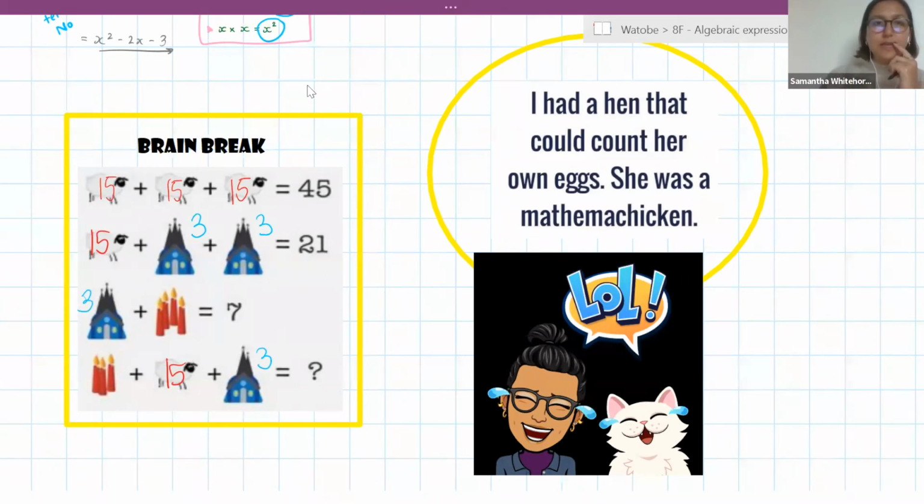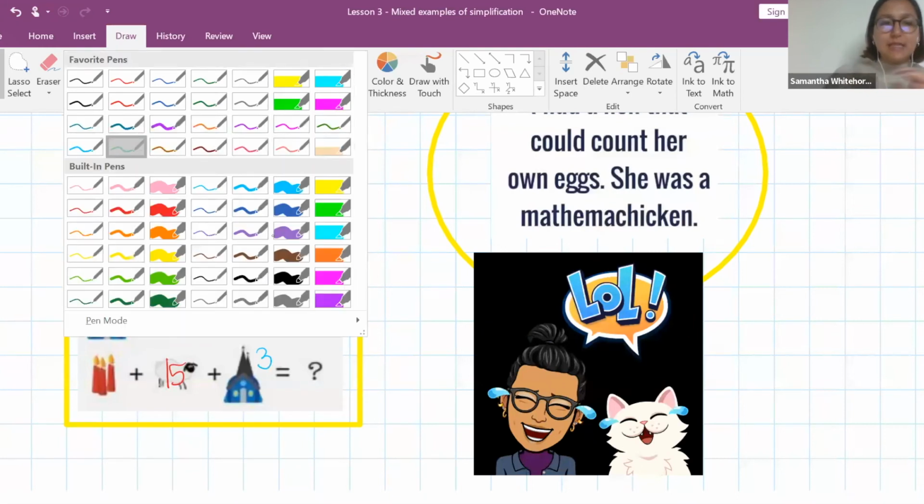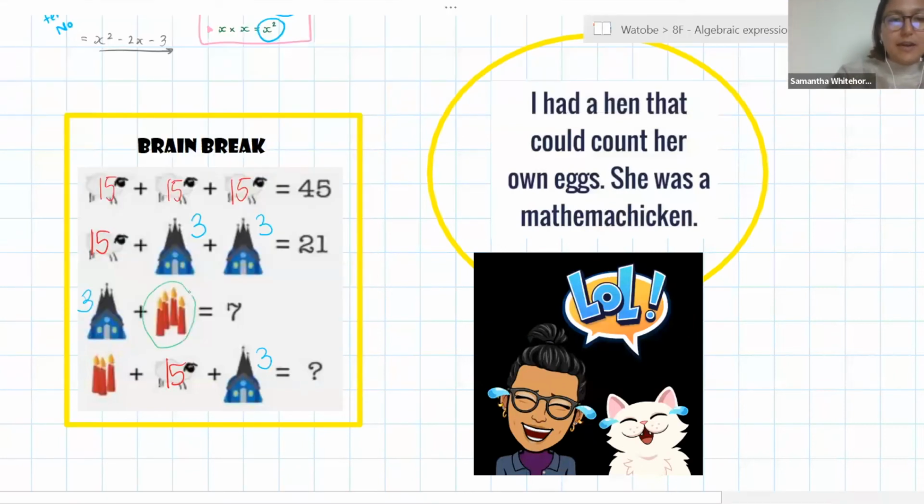Now, guys, what you need to be careful of is just look at these candles over here and see that here I have 4 candles, but here I only have 3 candles. So I want to figure out what 1 candle actually is. So in this second last step over here, if I want to get 7 and I already have 3, then these 4 candles must all be 4, which means that each of these candles represents 1.